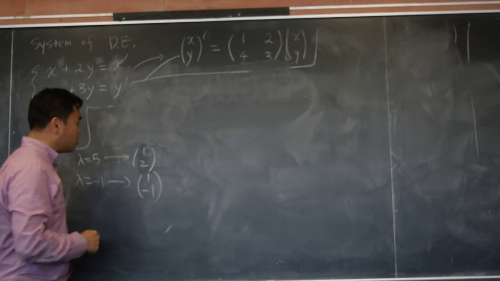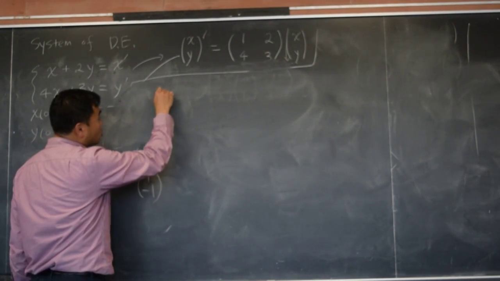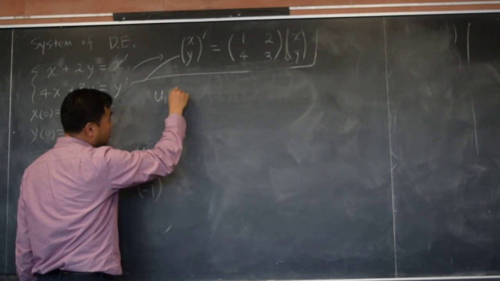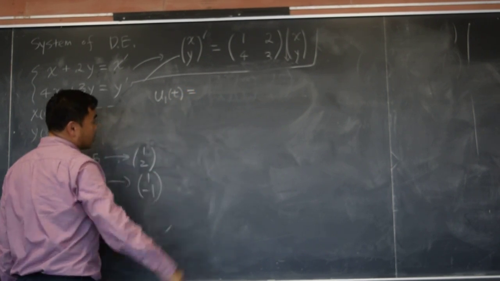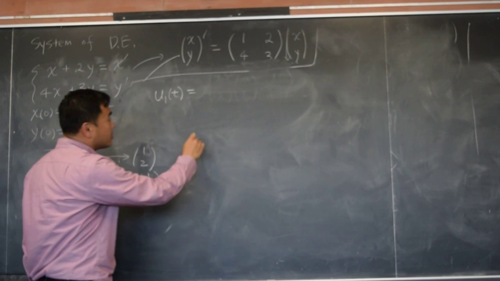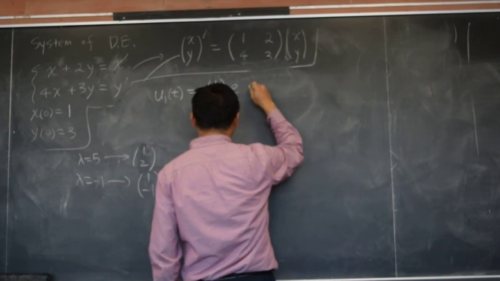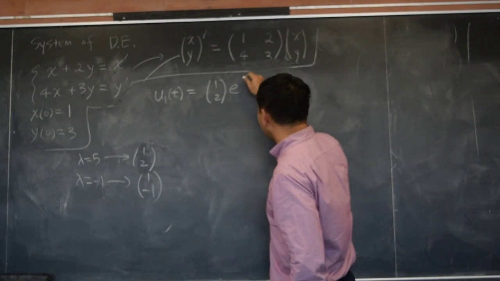So you're going to do the following. You say u1(t) is the eigenvector multiplied by e to the eigenvalue times t.